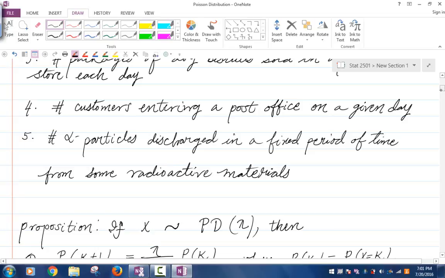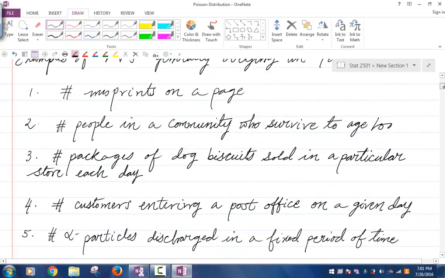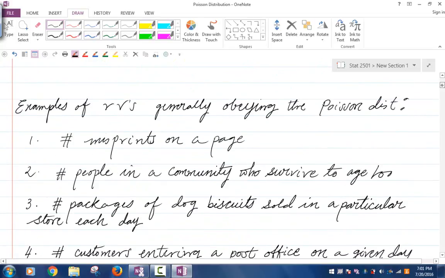We will go back to looking into the application of random variables in a bit more detail later.